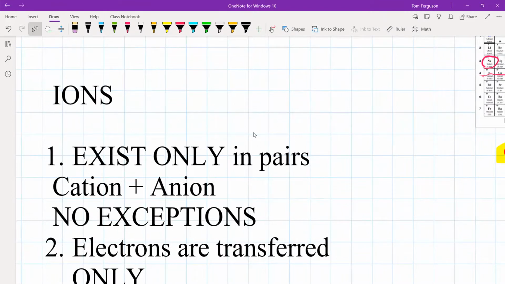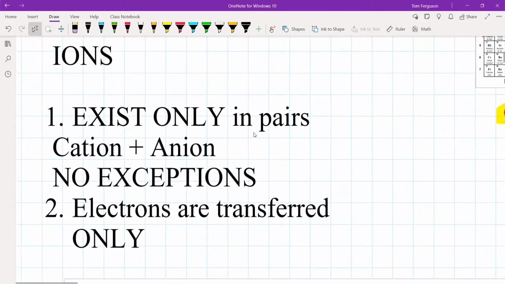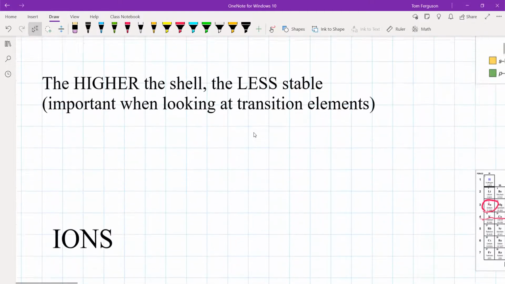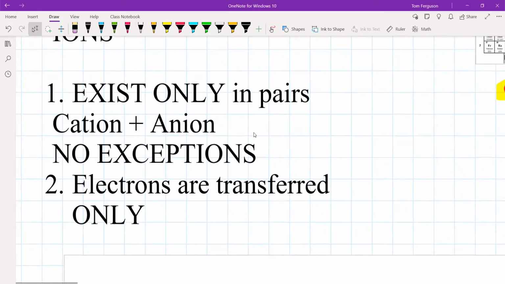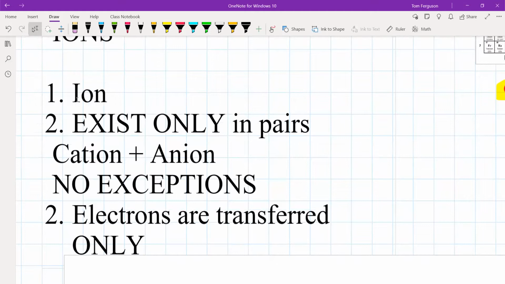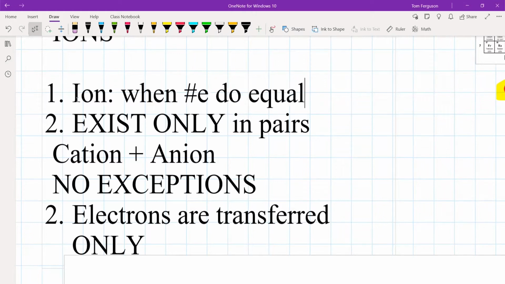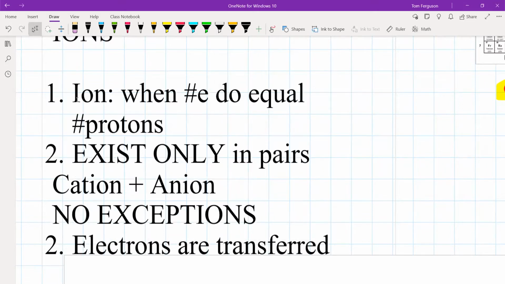So let's review what an ion is. Okay. When the number of electrons does not equal the number of protons.